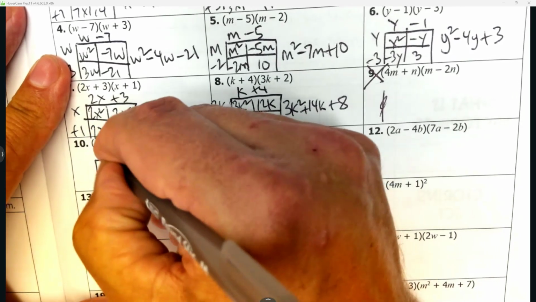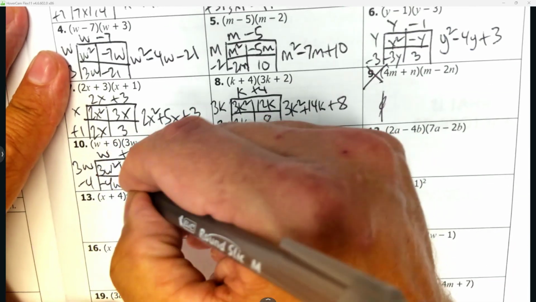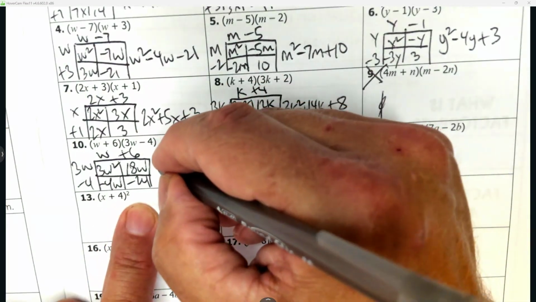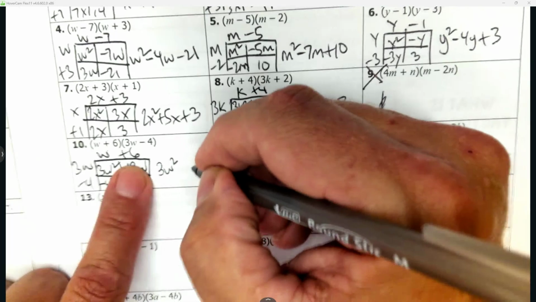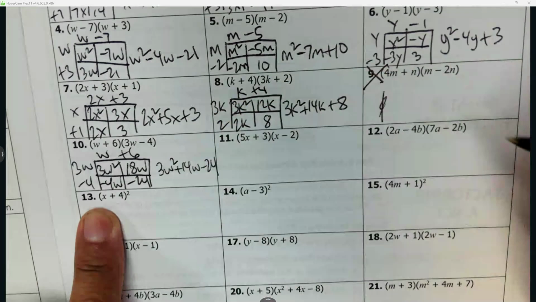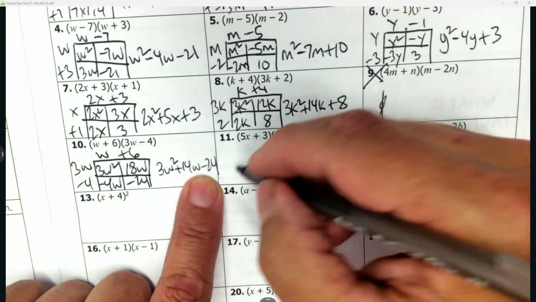So w plus 6 and 3w take away 4, and then multiply it out. So I end up with 3w squared, 18 take away 4 is 14, and then minus 24. Again, we're going to multiply this out.